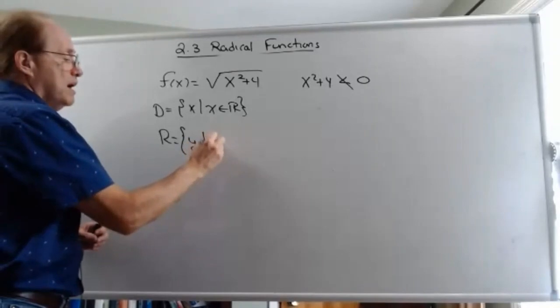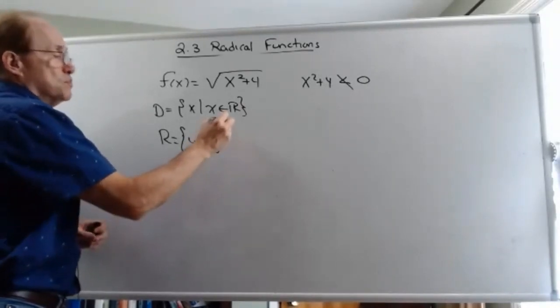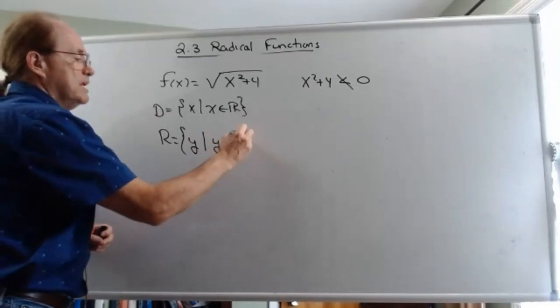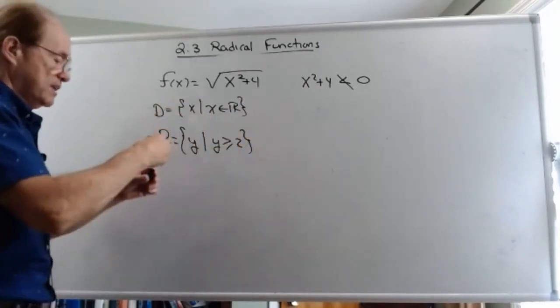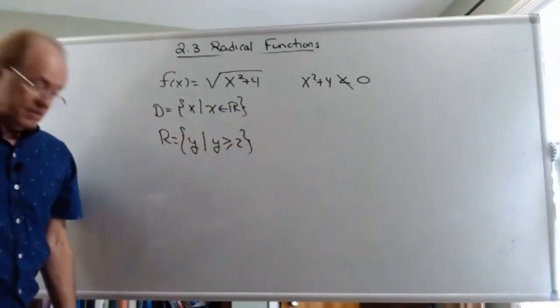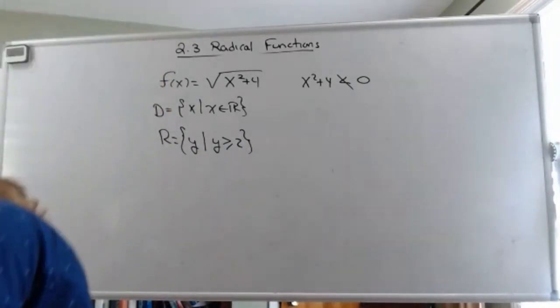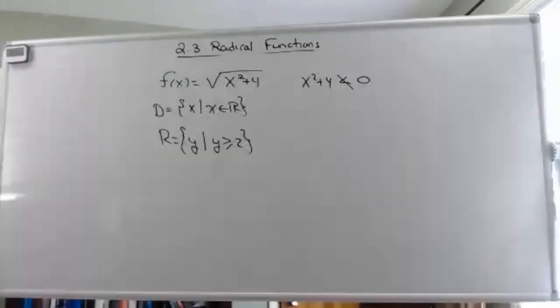So that tells me y has to be, the square root of 4 is 2, greater than or equal to 2. Now you may not have recognized this, but that's okay because we could use our calculators. So let's plug it in and see what the graph of that function looks like.